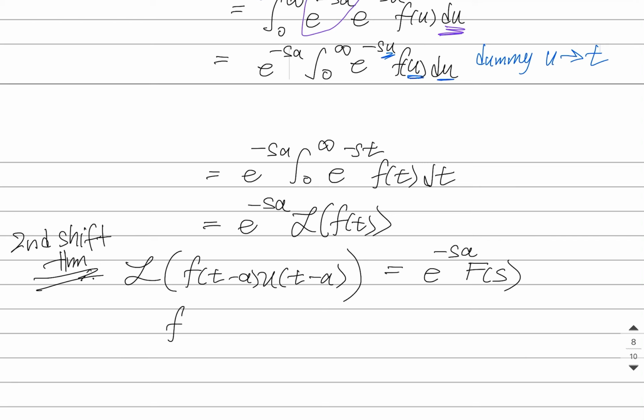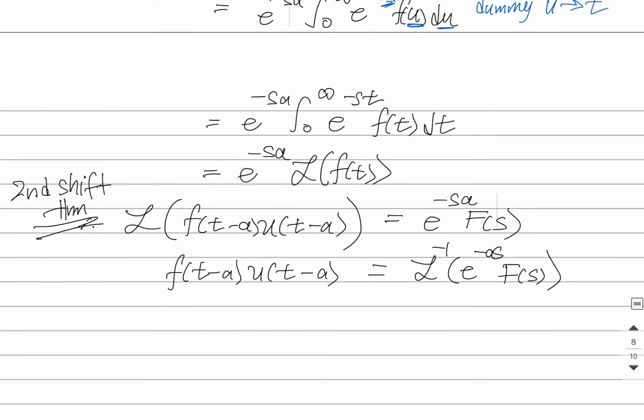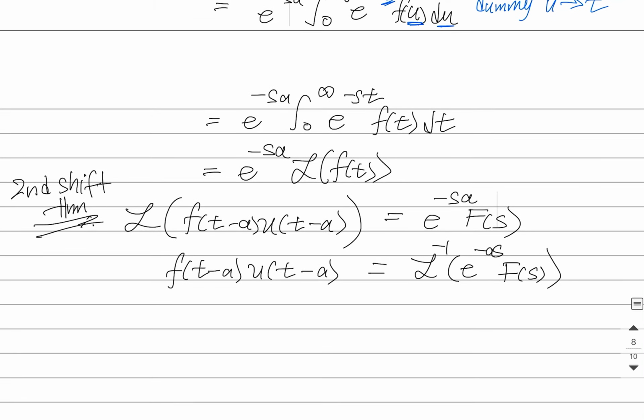Now, conversely, if you want to switcheroo and apply the inverse Laplace transform to a function weighted by an exponential, it is going to undo that to give you the shift weighted by the unit step. When working with this, I think it's really useful to think of it like so.